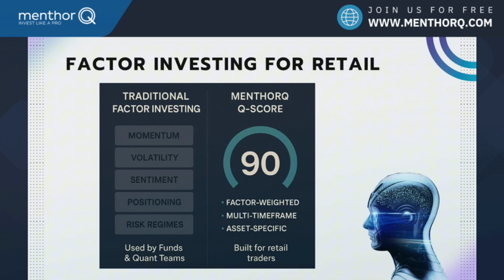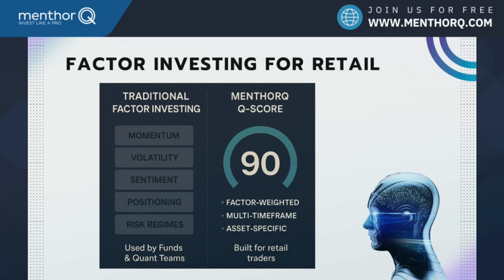When I was working with the hedge funds, they were creating strategies based on multiple factors, and they combine them together to identify quantifiable characteristics like momentum, volatility, sentiment, positioning, and risk regimes, and so on. Now, with the Q score, you can access the same framework. So you don't actually have to build your own models. We've done the work for you, and we're going to show you during the presentation what the Q score is and how you can use it.